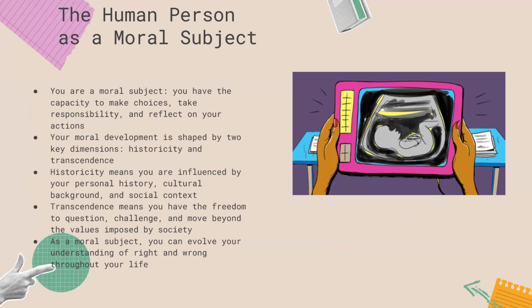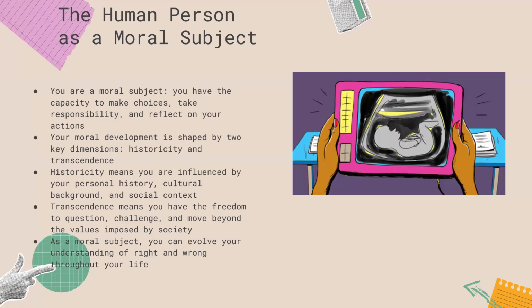When you made a mistake and you know what the consequences are, would you take the responsibility for that? If you do, you are a moral subject, right? Because you're reflecting, oh my God, I did something wrong, and you're conscious about the action that you did. That was a bad action.